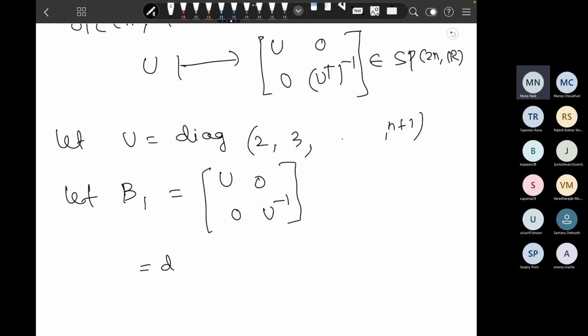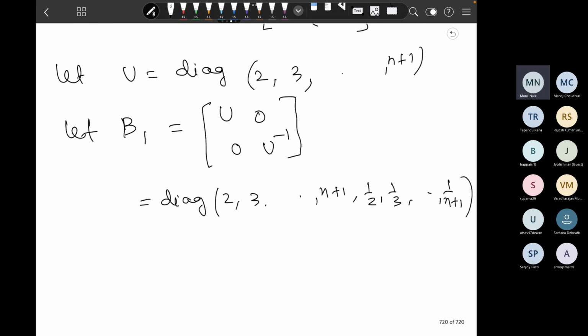And what is this thing? This is diagonal of 2, 3, up to n plus 1, 1 by 2, 1 by 3, up to 1 by n plus 1. So these have different eigenvalues. Hence a b1 is equal to b1 a.